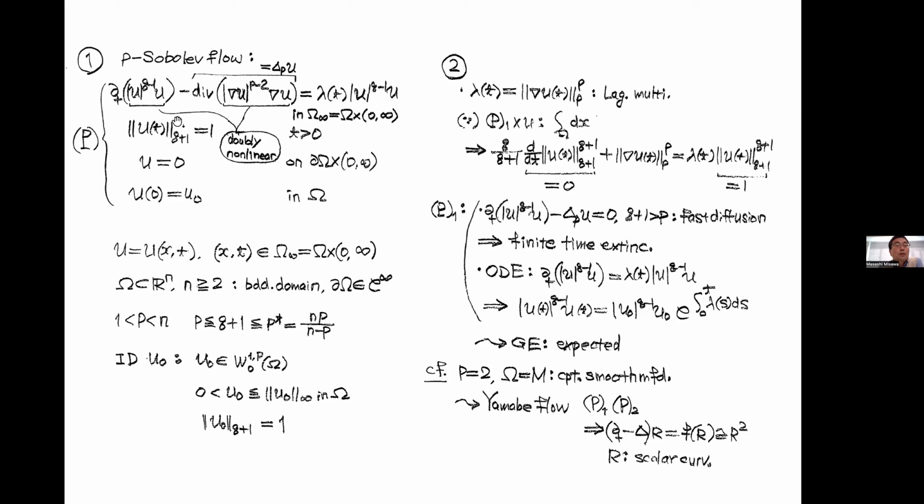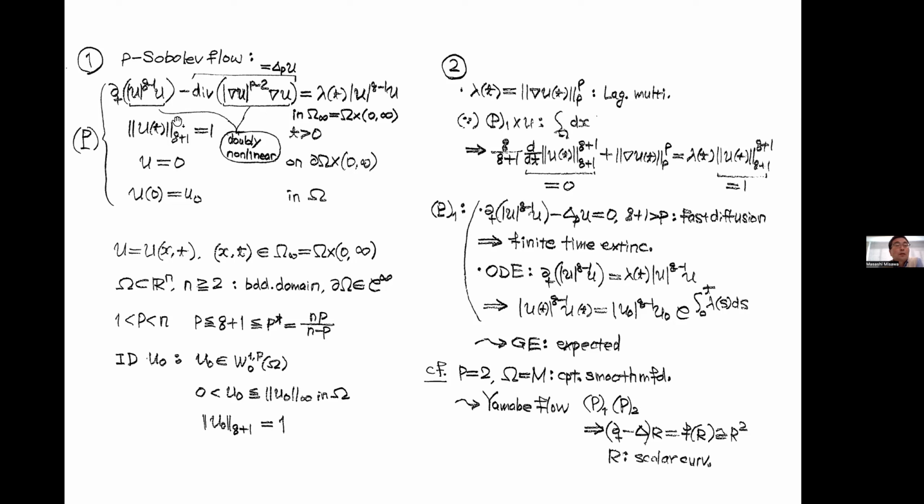The p is larger than 1 and less than n. q satisfies the following relation: q plus 1 is larger than or equal to p and less than or equal to p star. P star is the so-called Sobolev critical exponent, which is defined as space dimension n times p over n minus p.